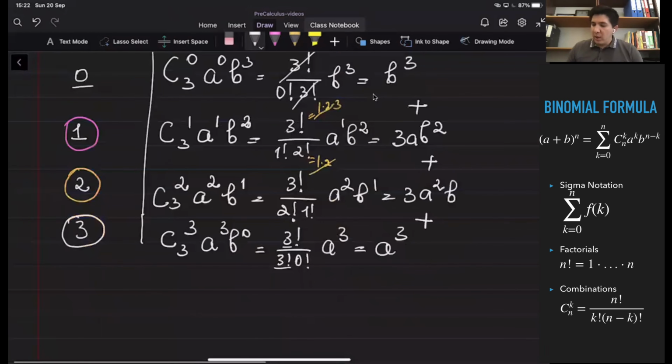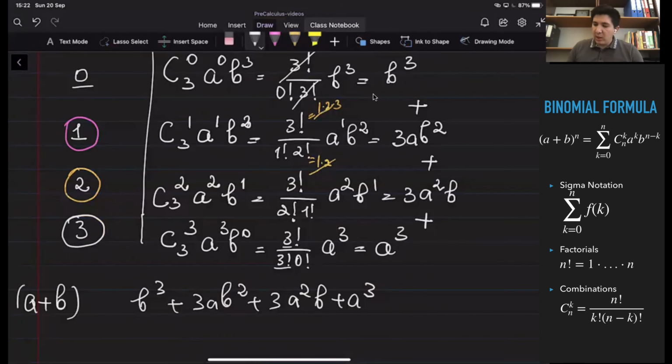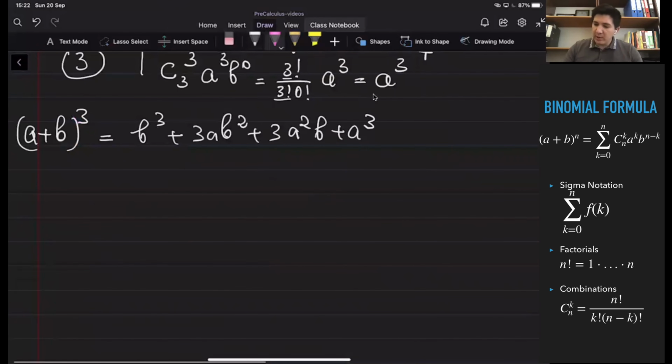So it's going to be b cubed plus 3ab squared plus 3a squared b plus a cubed, which is (a + b) cubed. So indeed, this is the same formula as we had in the beginning of the lecture. This is what we started from. So we can use this binomial formula for higher powers as well. Let's do one more example.